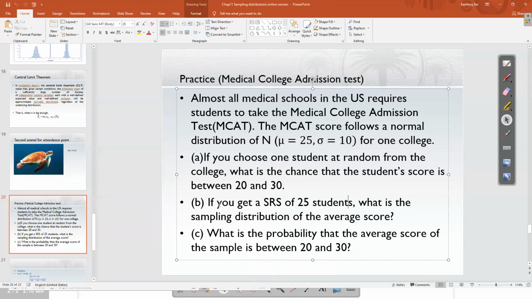So now part B: if you get a simple random sample of 25 students, what is the sampling distribution of the average score of the 25 students? So 25 students is a sample. We're looking for the distribution of the sample average, the sample mean, so we're looking for the distribution of X bar.